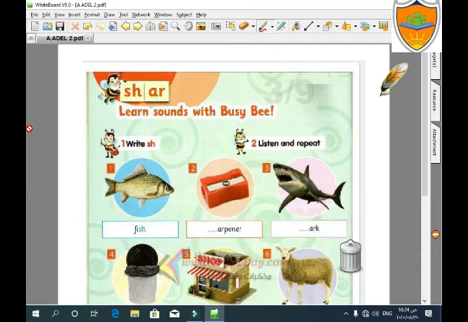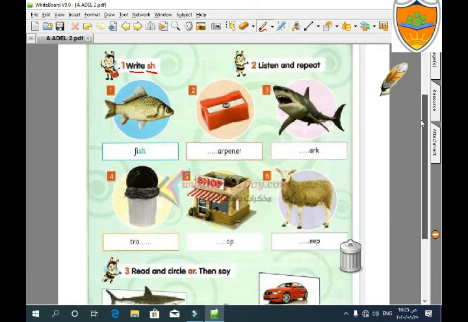Number 1, write SH or sh sound. We have here picture number 1, fish.